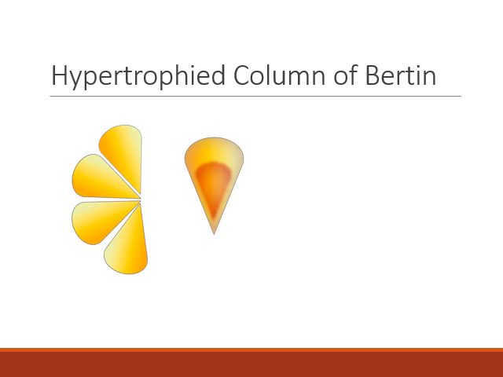So that's the solid mass lesions done. There are now 3 pseudo masses or pseudo lesions that I need to mention because they are favourite exam questions. The first is hypertrophied columns of Bertin. So what are these? The kidneys are made from multiple lobules that are fused together. Each lobule, you can see here, has a core of medullary tissue surrounded by cortex.